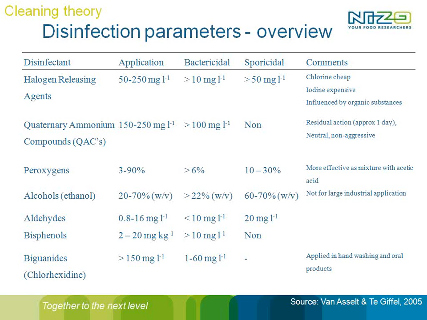So it's very important to know that if you have spores in your environment, don't apply the QACs or the bisphenols. Chlorine, for example, is known to be very effective, and it's also important to know that no resistance is built up against chlorine. Bacteria are normally known to adapt to their environment, but for chlorine they normally do not build up resistance, whereas for other means it happens.